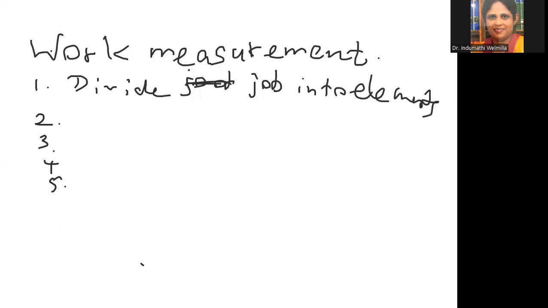Preparation of a realistic schedule of work is also needed. Another is identifying unnecessary activities in order to reduce or eliminate them.